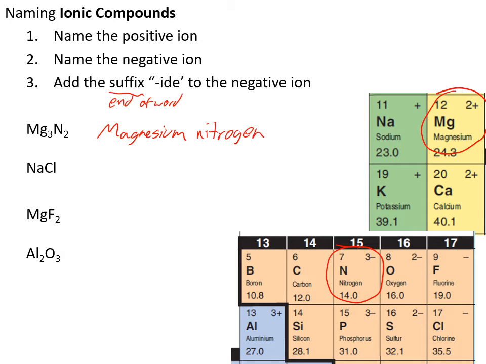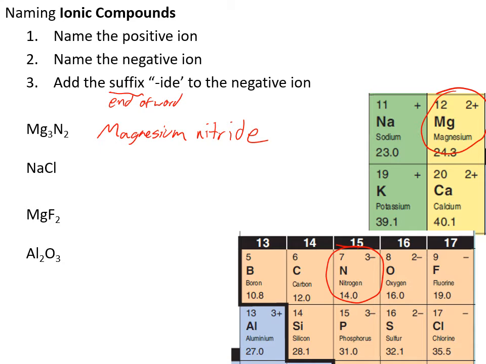Now step 3 says add the suffix, or the ending of a word, and change it to "ide" for the negative ion. Here's the ending of the word right there, and I'm going to change that to "ide." So I erase the old ending and change it to "ide." So it now becomes magnesium nitride.